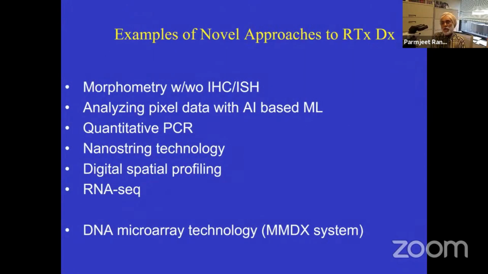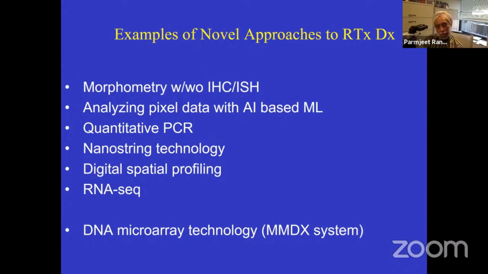So there are a number of novel approaches to molecular diagnosis of renal transplant biopsies. There is morphometry with or without in situ hybridization. You can analyze pixel data with artificial intelligence and machine learning. You have quantitative PCR, you have nanostring technology, there's digital spatial profiling, there's RNA-seq.